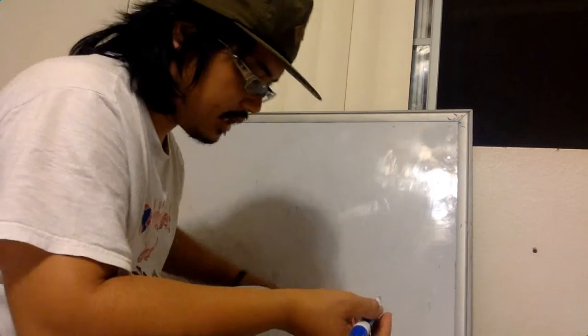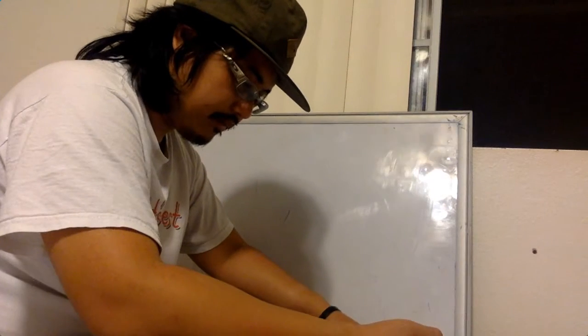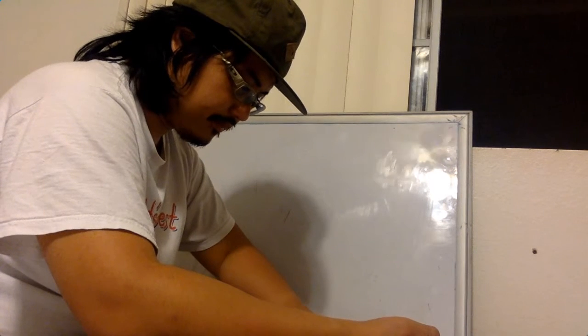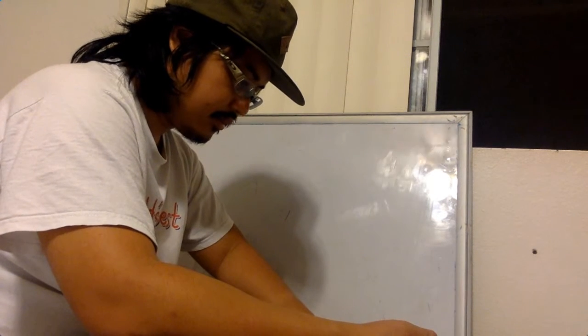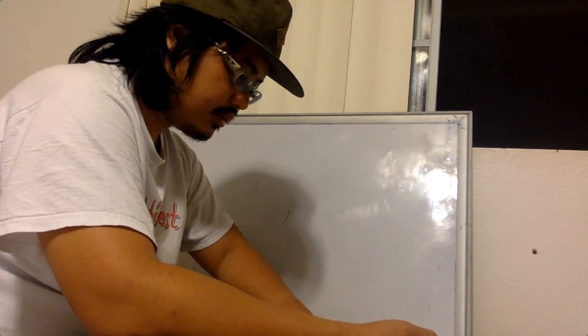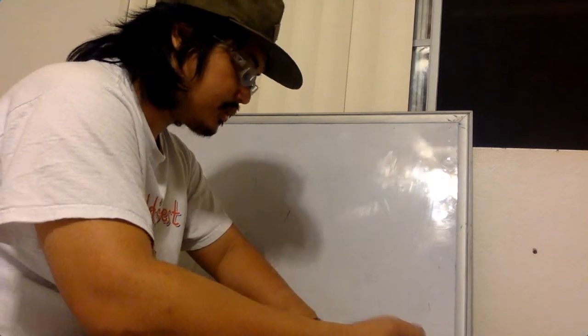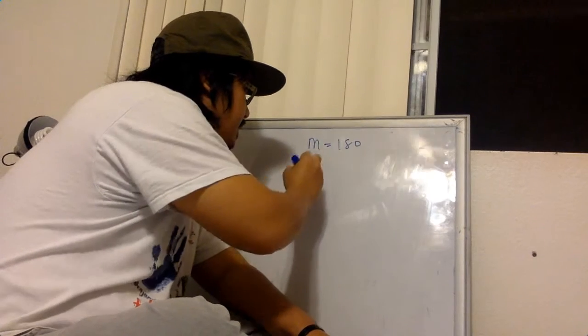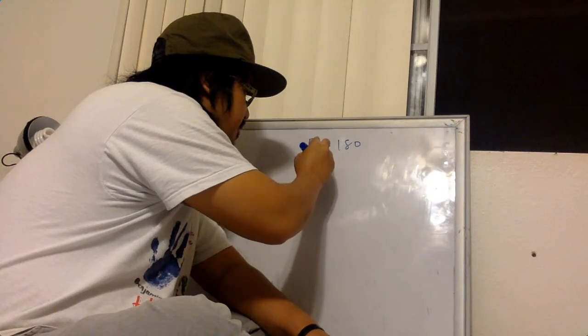Mary has 180 books. She has 10% fewer books than John. How many books does John have? Okay. So the two numbers that I see is Mary has 180 books, and I see 10% fewer.